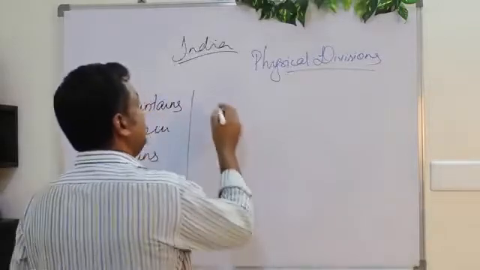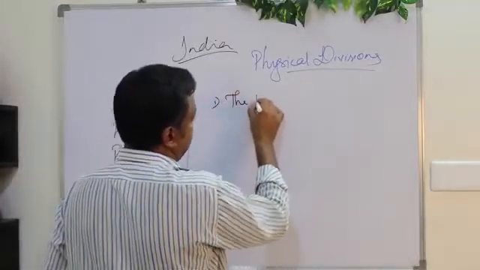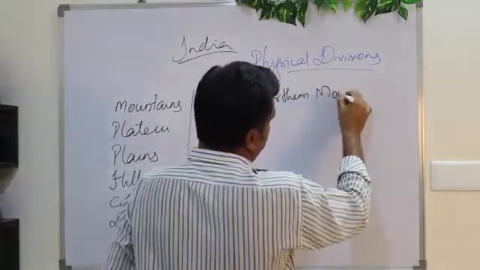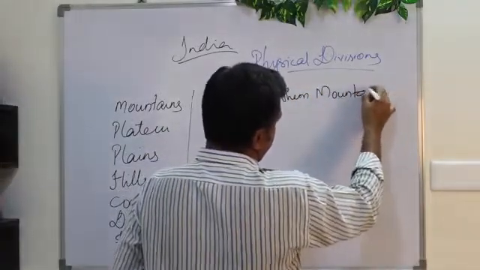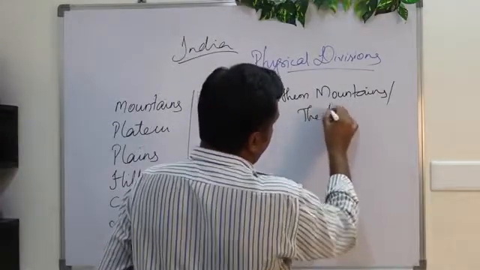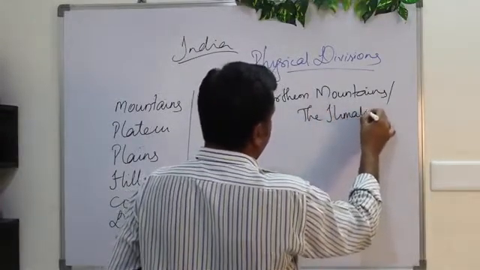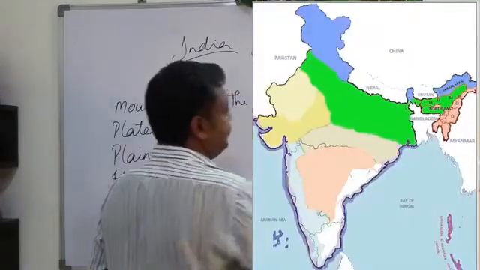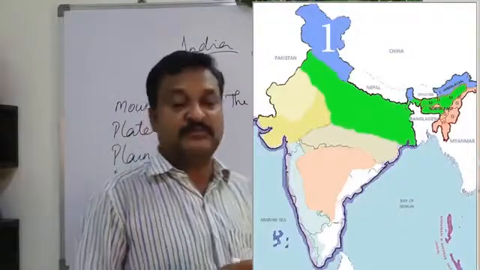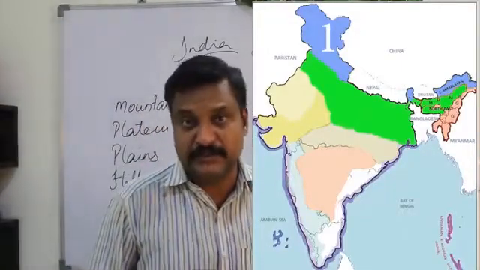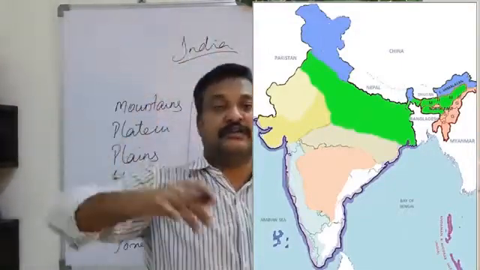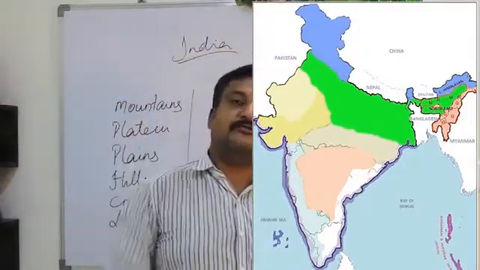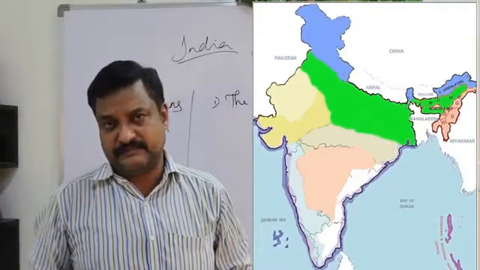The first one is the northern mountains or the Himalayas. Okay, so the first one is the northern mountains or the Himalayas, means the northern part of India, near Kashmir and all those regions, we have very huge mountains.